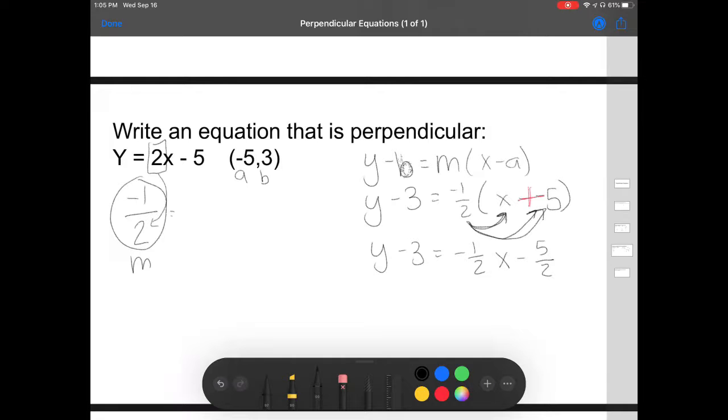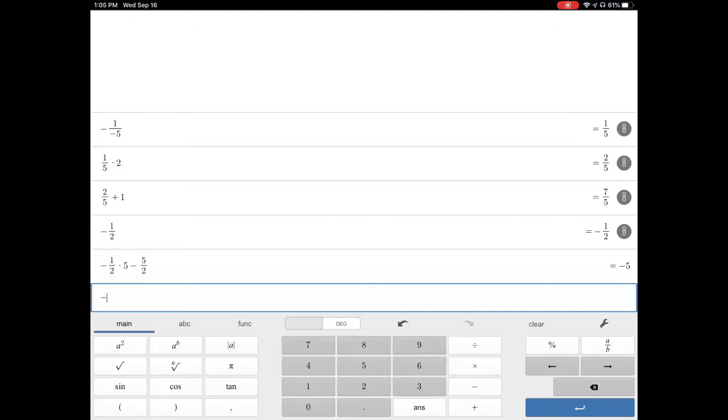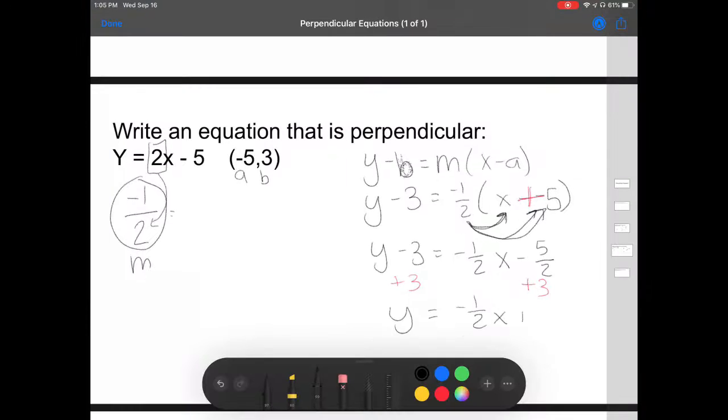So we'll put minus 5/2 there. Add 3 to both sides. y equals negative half x. I'll add those together. Negative 5/2 plus 3 is 1/2. Always use the fraction. There's your answer.